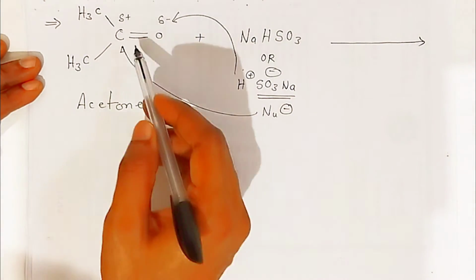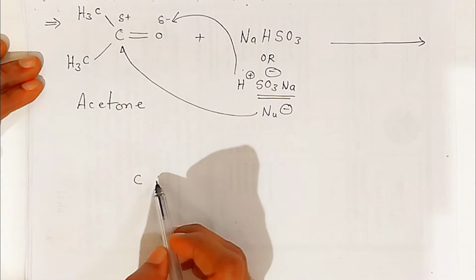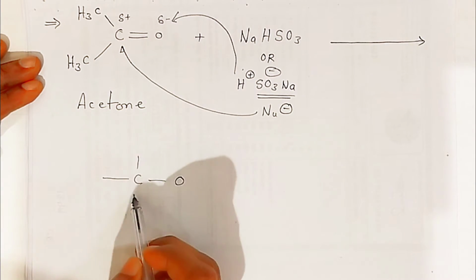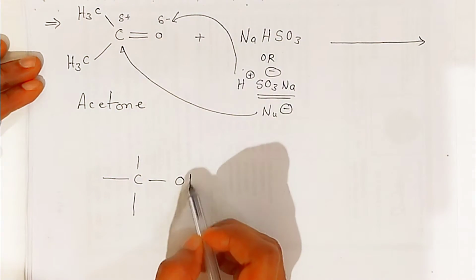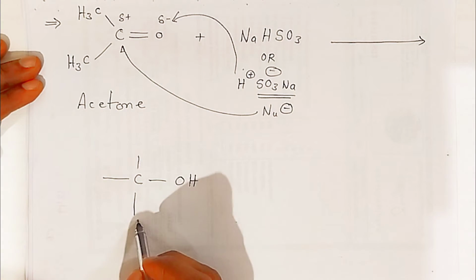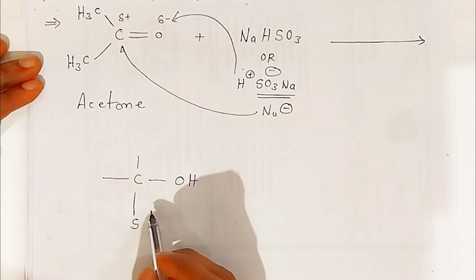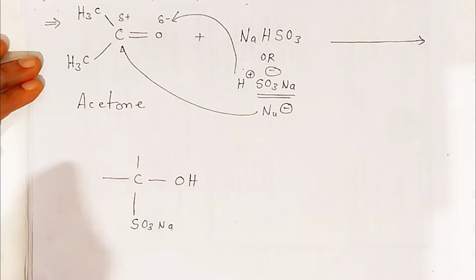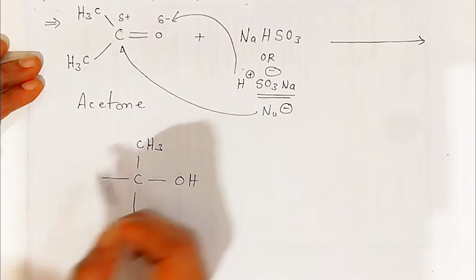Because of this addition, students, this carbon-oxygen double bond will become a single bond, like this. Now when hydrogen goes, it will form a hydroxyl group, and here the sulfur of sodium sulphite reacts and is added as SO3Na, and your methyl group will be as it is.